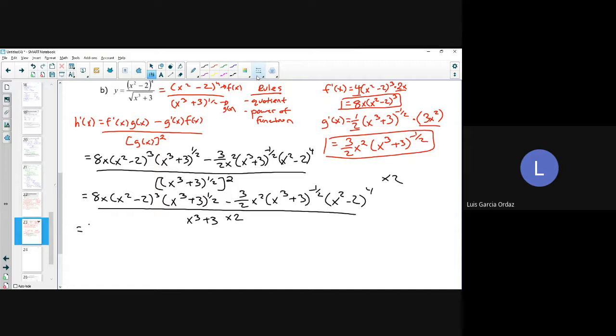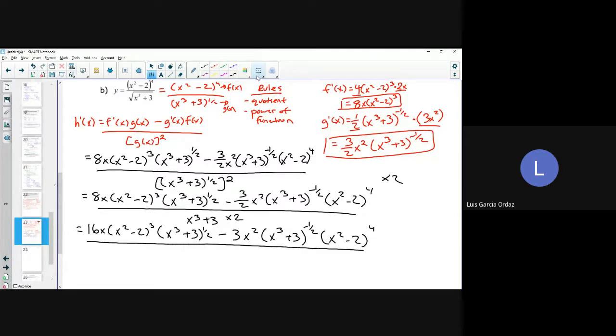So I'm left with 16x times x squared minus 2 to the power of 3 times x to the 3 plus 3 to the power of 1/2 minus 3x squared times x to the 3 plus 3 to the negative 1/2 times x squared minus 2 to the power of 4, all divided by 2 times x3 plus 3, and that would be it.